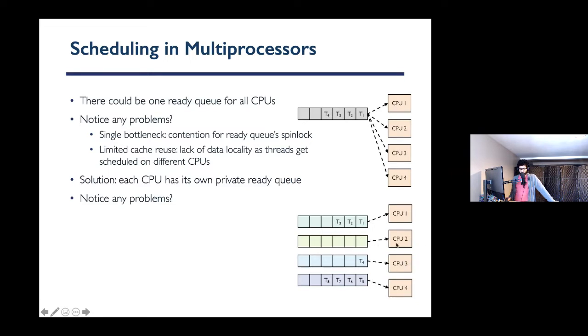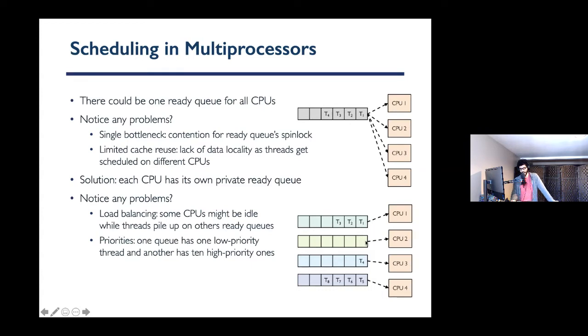Now CPU2 is empty, but there are tasks waiting on CPU1 and CPU4's queues, whereas they could have just run here. Okay, so load balancing is one major issue. The second issue is with priorities.